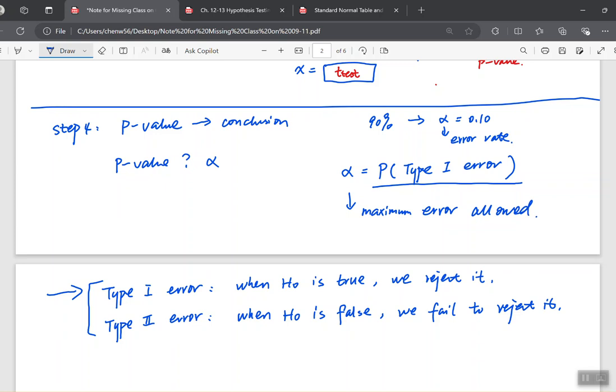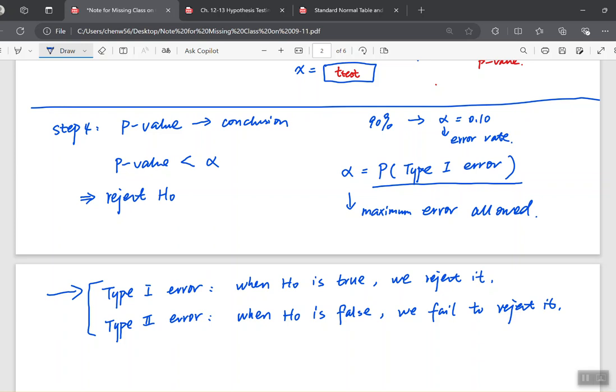So in this case, we have a standard, right? If this p-value is less than this error rate, then we say this p-value is small enough. That means we want to reject the null hypothesis.